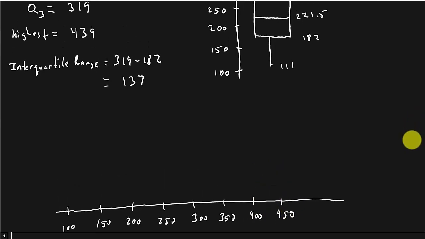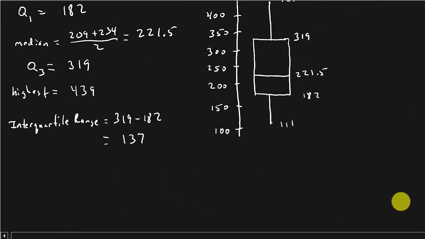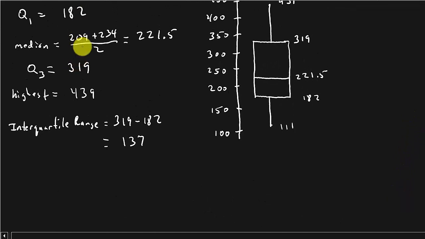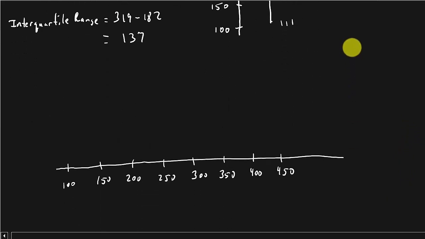We've got our Q1 and Q3 at 182 and 319. You just draw your box like this above it.